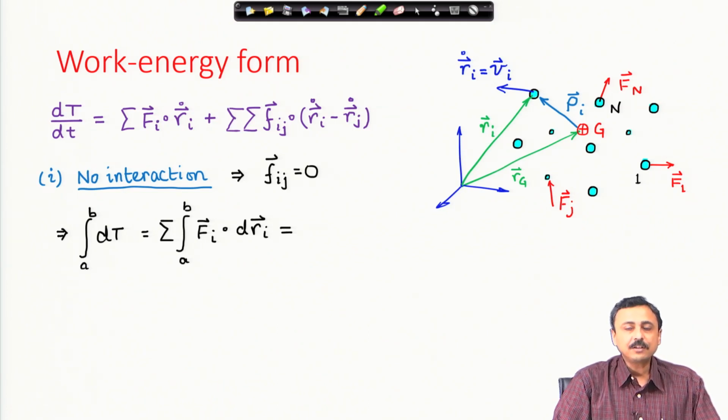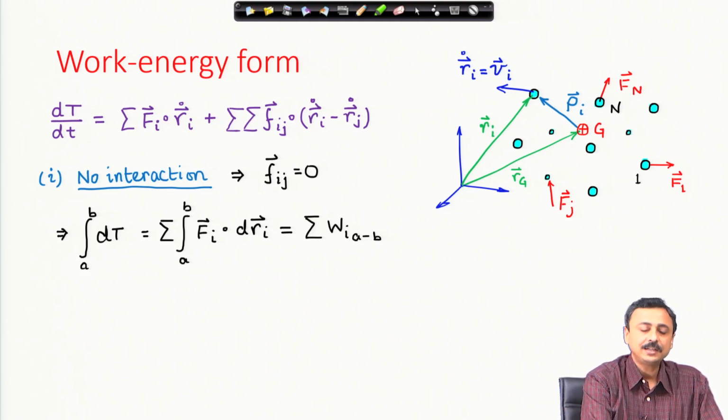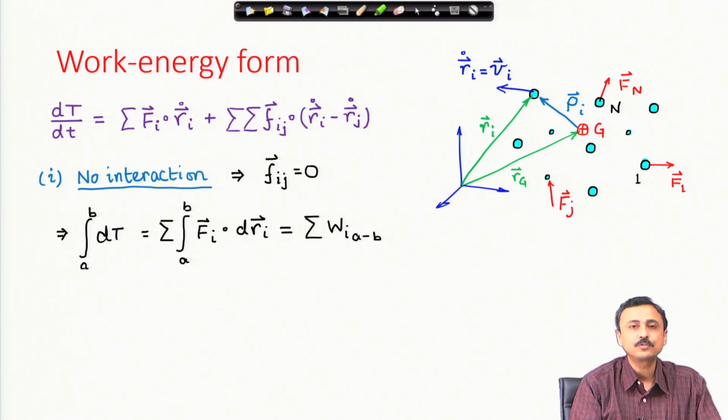On the left hand side is the time derivative of the kinetic energy. Therefore, when I multiply by dt and integrate as the system moves from state A to state B, on the left hand side it is the change in kinetic energy as the system moves from A to B.